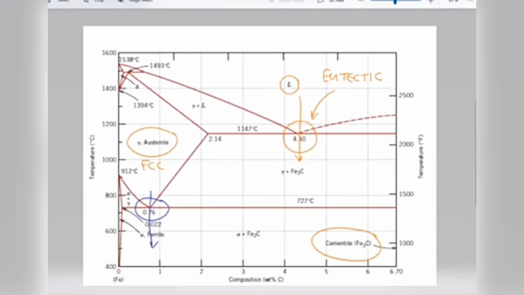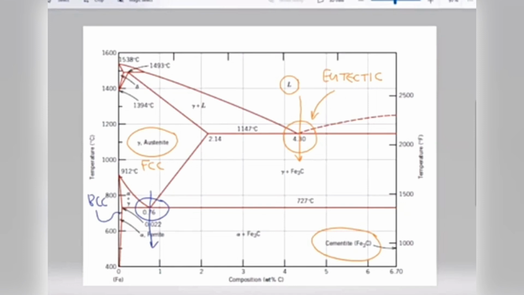Alpha steel or alpha iron is actually our body center cubic structure, and we see a very narrow band here for that particular structure, BCC. The name of BCC iron or steel is ferrite. So alpha is primarily iron, but with a small amount of carbon included.